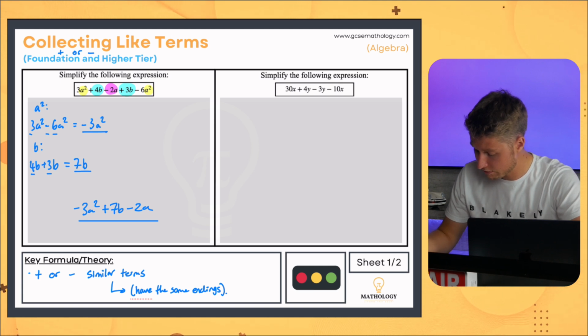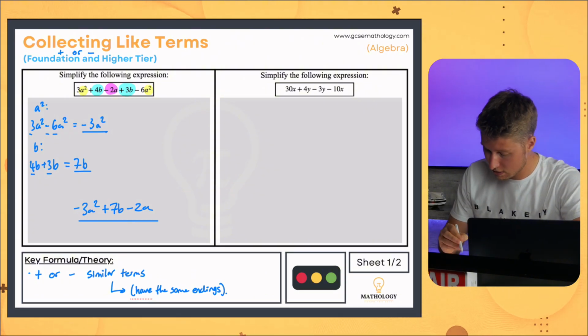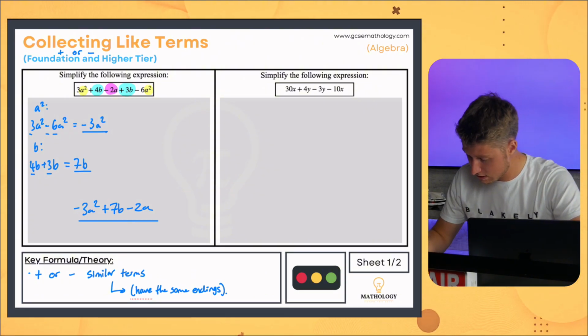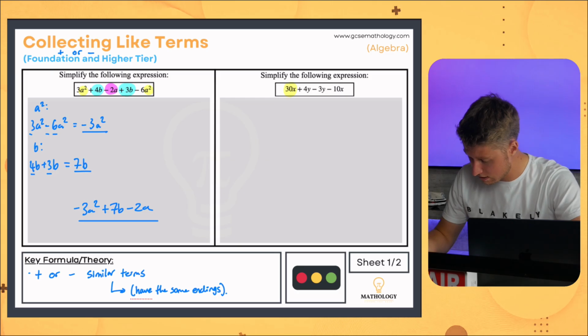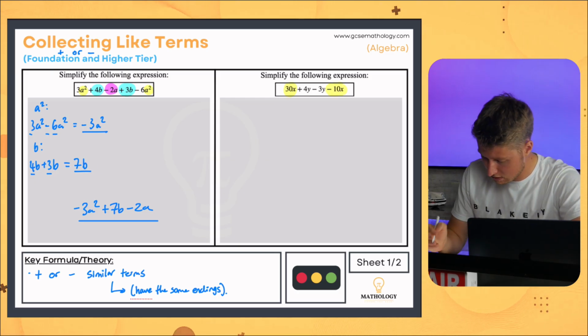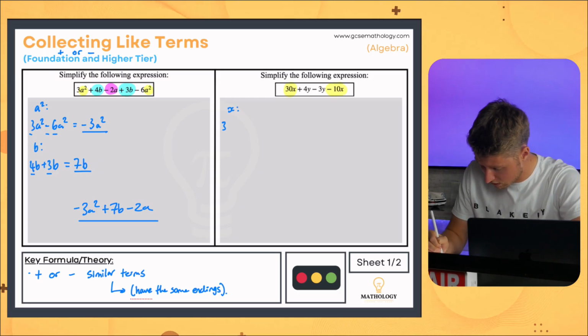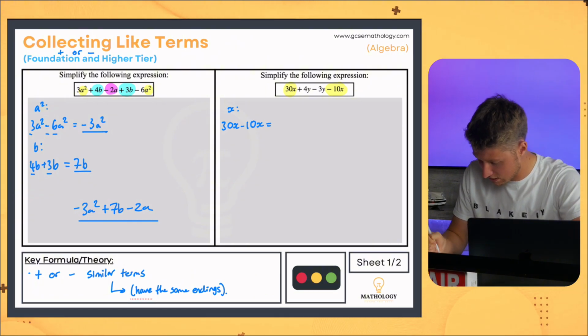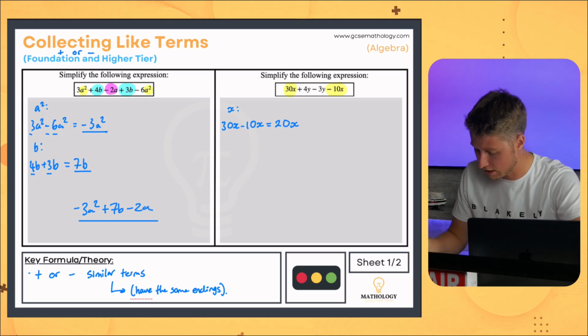Question 2 says simplify the following expression. We've got 30x plus 4y minus 3y minus 10x. Similar to question 1, we've got 30x and minus 10x. So for the x terms, we've got 30x minus 10x. 30 subtract 10 is 20, and then stick the algebra on at the end, which gives us 20x.